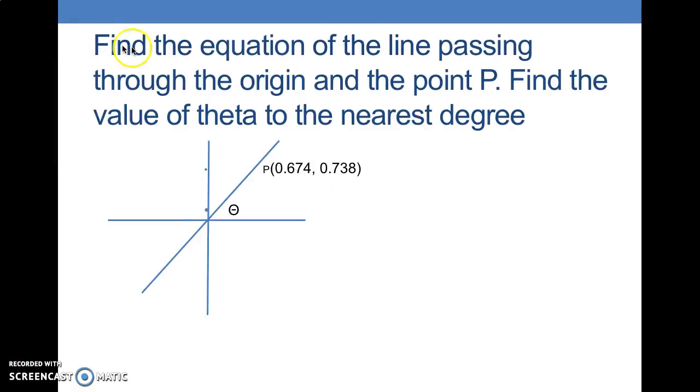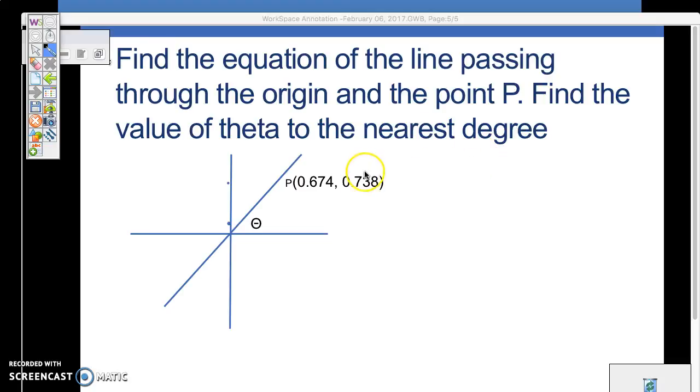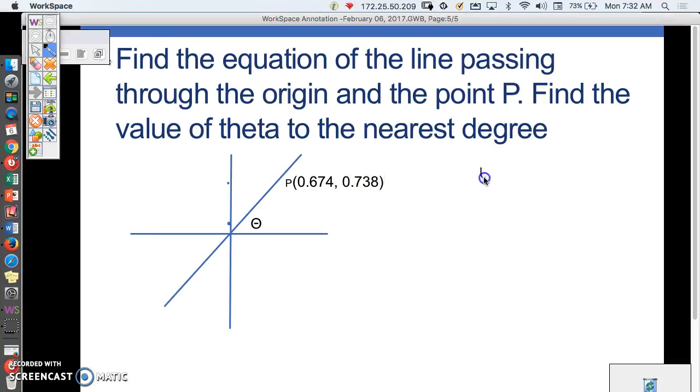So this next one, find the equation of a line passing through the origin and point P. So y equals mx plus b, but we know our y-intercept is going to be 0. Here's point P, let's just say it's right here. So we know that this is 0.674, 0.738.